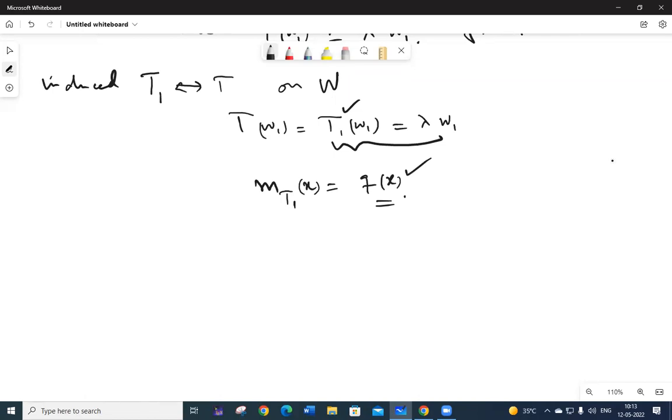And if this is the eigenvalue of T1, is it not the root of MT1x?